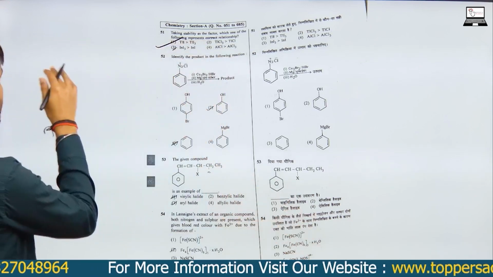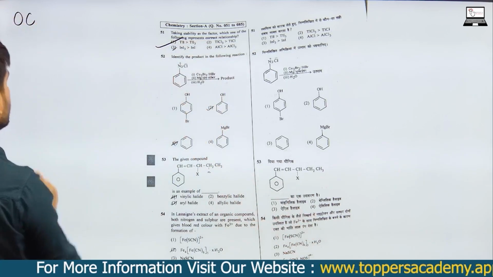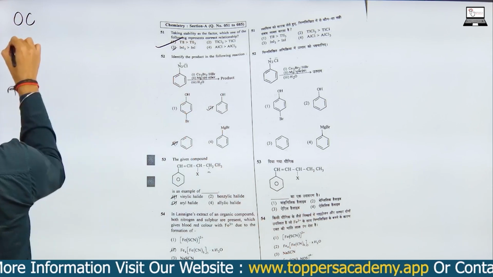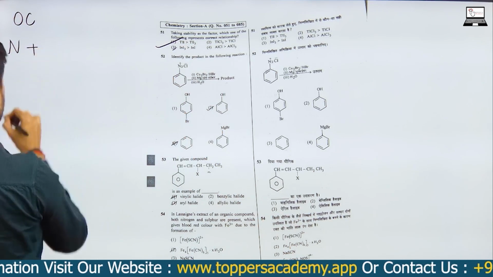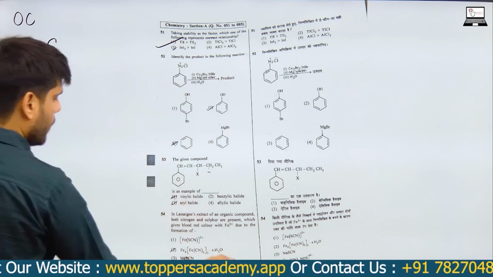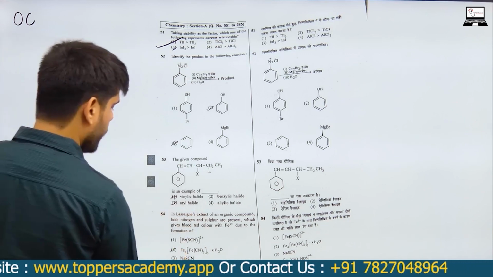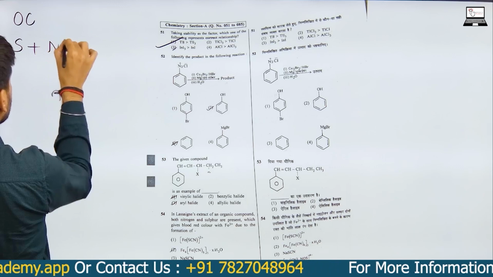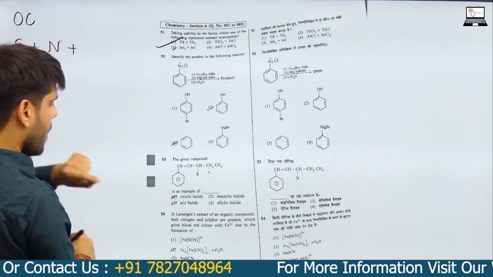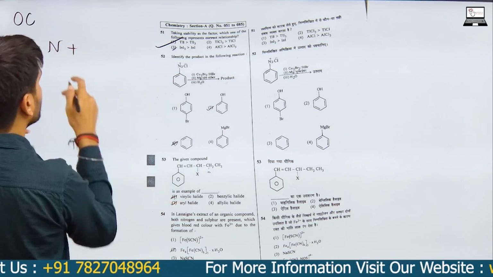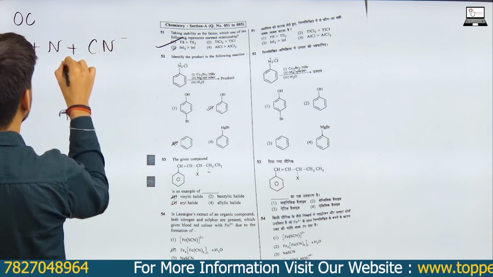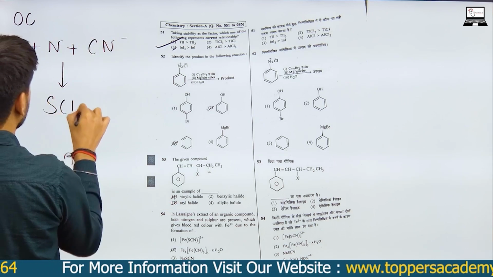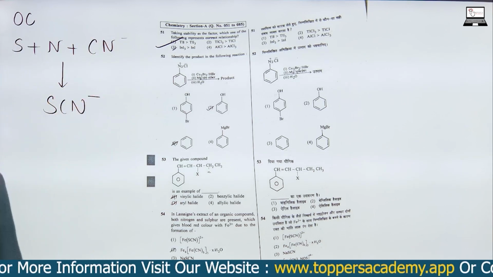But then in an organic compound which contains both nitrogen and sulfur, what we do is, we have nitrogen plus sulfur plus the sodium fusion extract. We prepare the sodium fusion extract, and what you get is SCN minus, right? This is my sodium fusion extract.